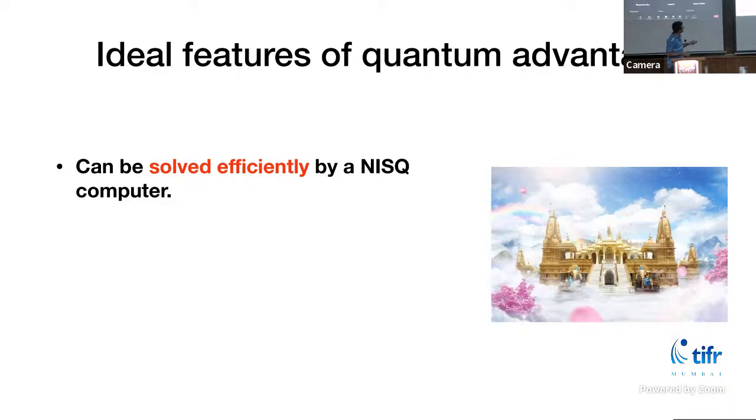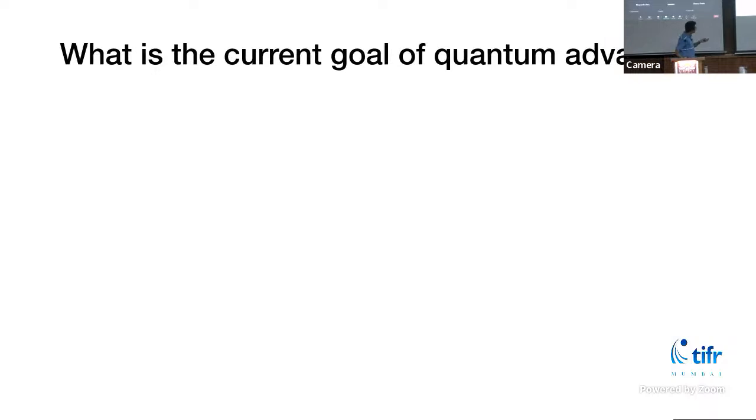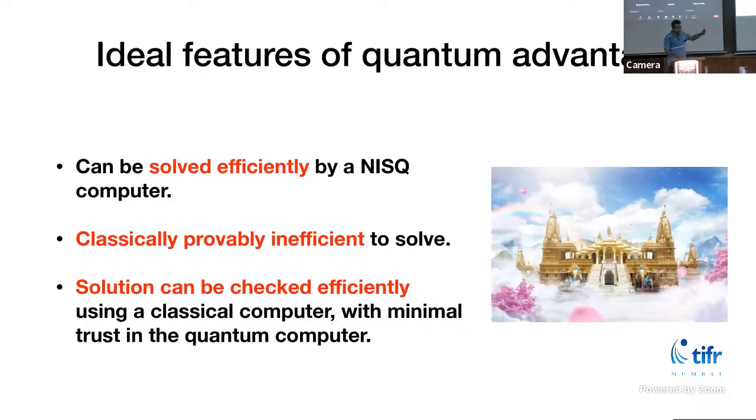Secondly, classically, this task should not be tractable. There should be a clean separation between the power of classical computers to solve this task and quantum computers. And thirdly, there's one more point. Let's say someone claims that they have a quantum computer that solves this task.